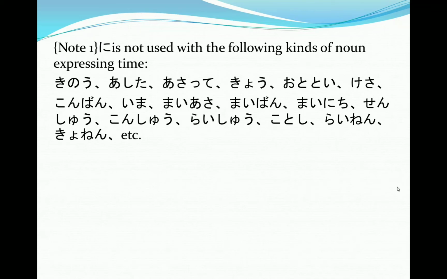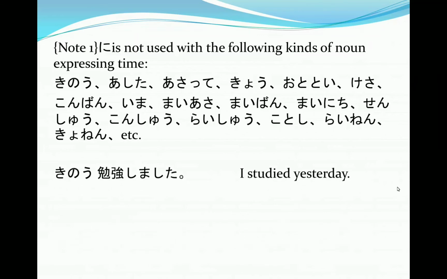So right now, I believe you should know the meaning of these Japanese terms, right? These nouns expressing time, because we've discussed them already. If there are nouns expressing time which do not use the particle ni, there are also nouns that express time which may or may not use ni.